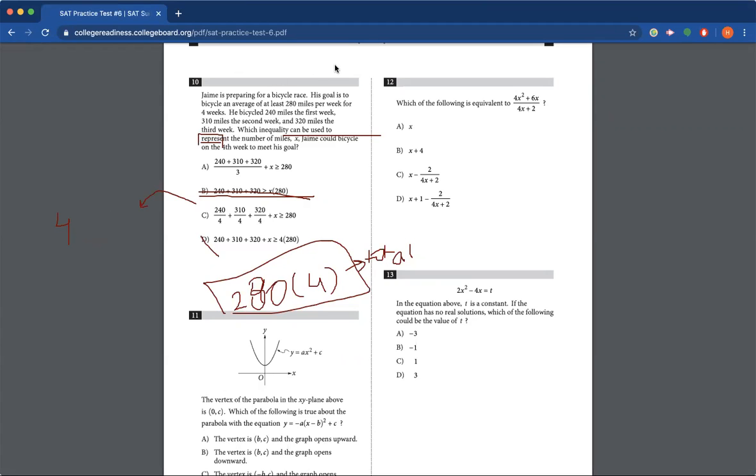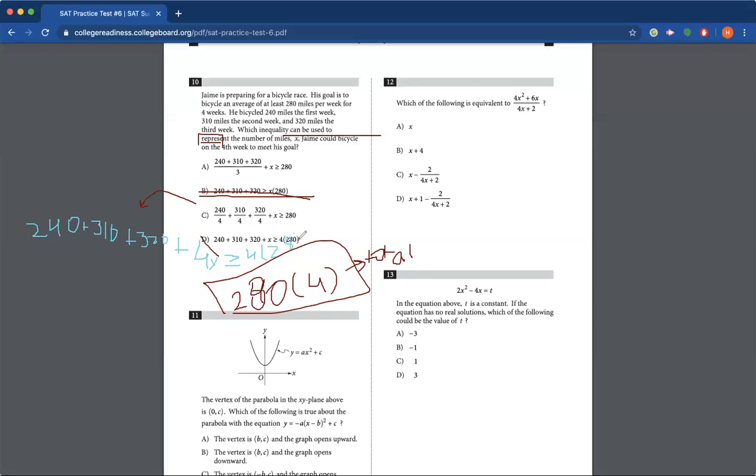If I multiply both sides by 4, I'm going to get 240 plus 310 plus 320 plus 4x greater than or equal to 4 times 280.